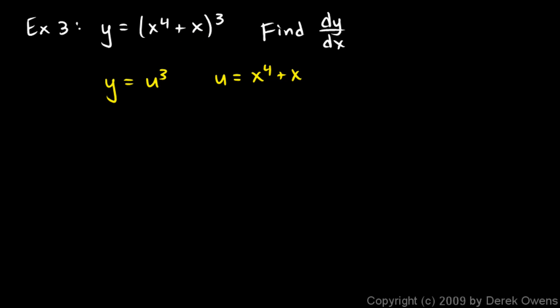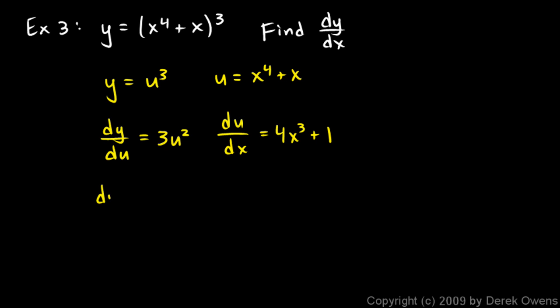When we do dy/du, we're treating this thing on the inside as just this inner thing, and we're doing the derivative of the outer with respect to that. That's the derivative of y with respect to u. In this case, it's 3u squared. And then this is the derivative of the inner, the du/dx. I simply differentiate the inner function, and in this case it's 4x cubed plus 1.